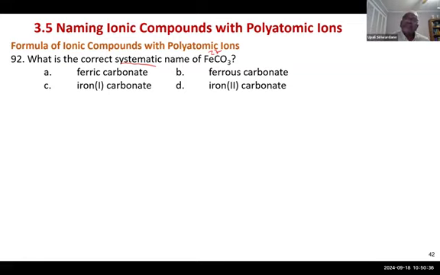How do I know it's 2 plus? Carbonate is always 2 minus. Do you see that? Carbonate is 2 minus. Therefore, the systematic name is 2 plus.